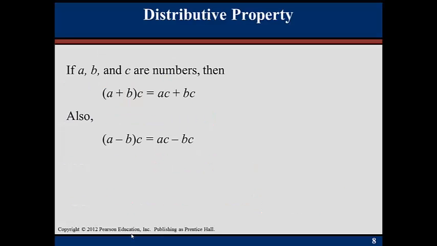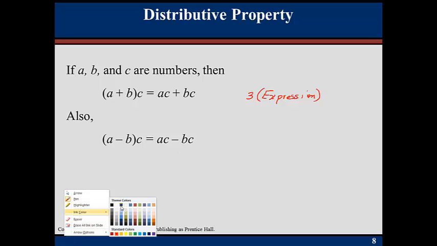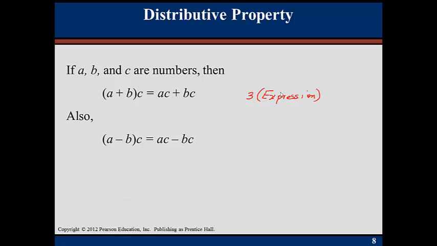So the final answer is negative 0.9x plus 11.2. And then the distributive property. So the distributive property says that if you have parentheses with an expression on the inside, and I have a number on the outside of my parentheses, so for example, they called it C, let me call it 3, so I actually make up a number. The distributive property says you're going to multiply each term inside the expression by the number on the outside, and that's what we call distributing.